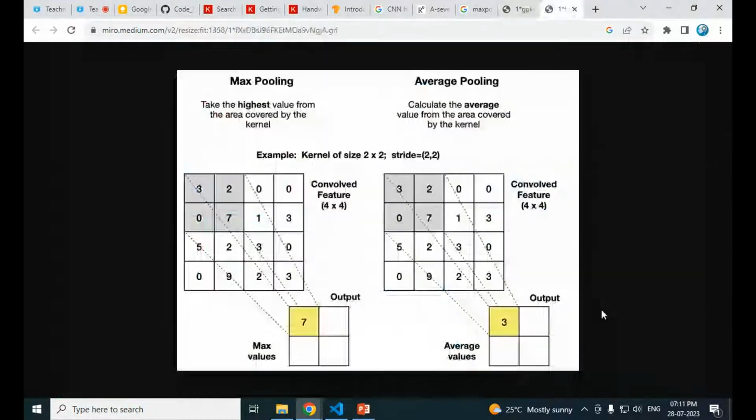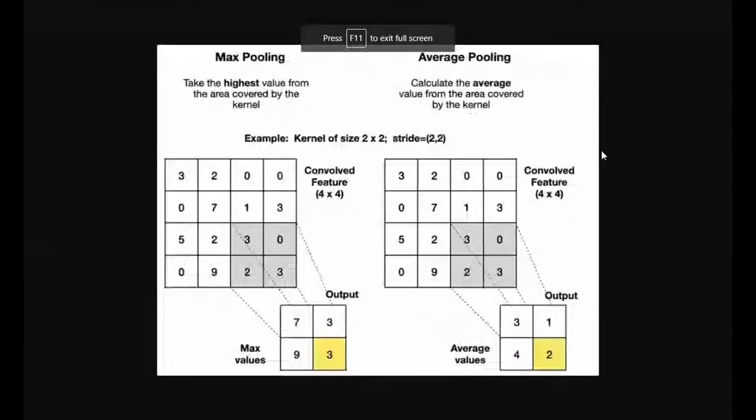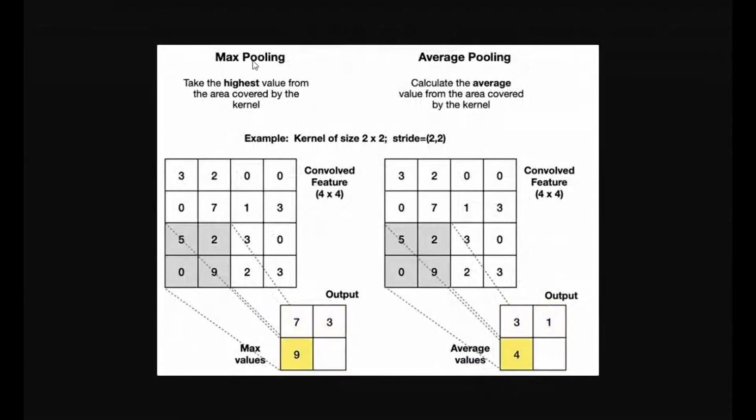One more image we have. This is max pooling and this is average pooling. Max pooling takes the highest value from the area covered by the kernel. Which one is your program using?